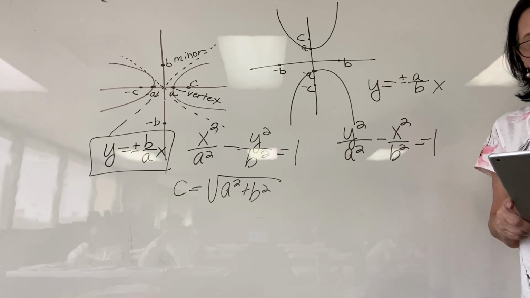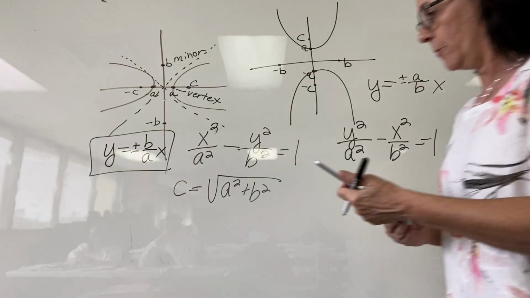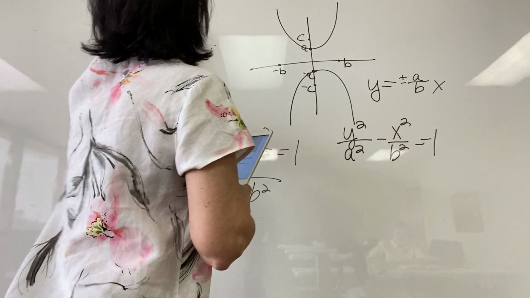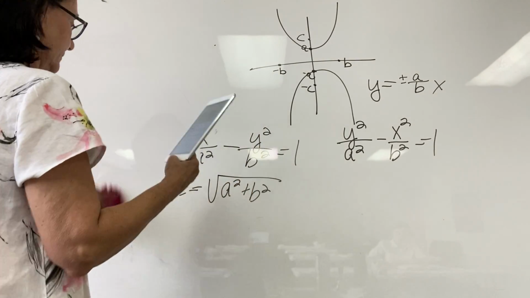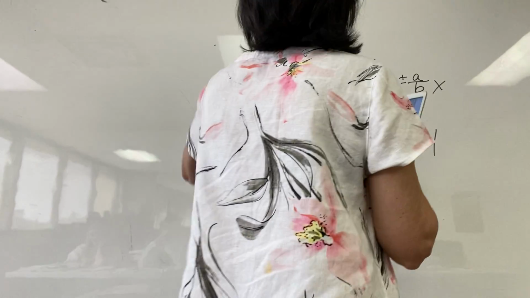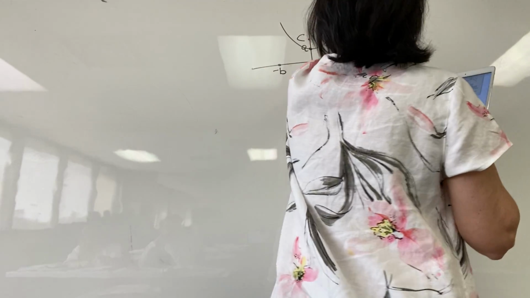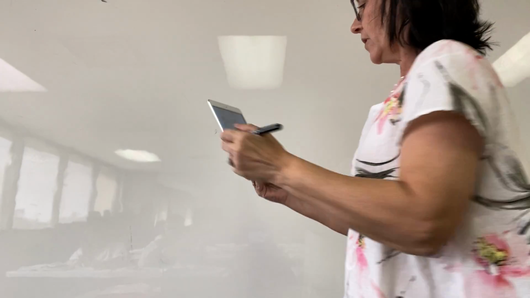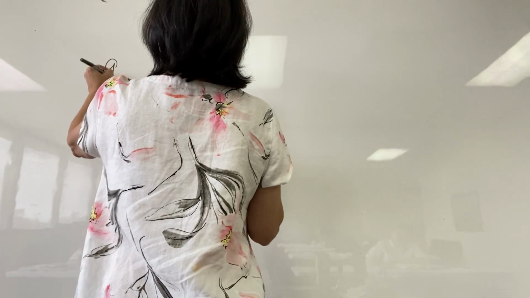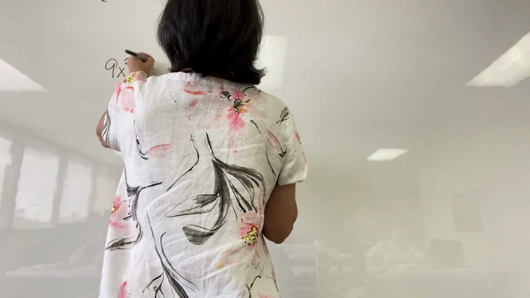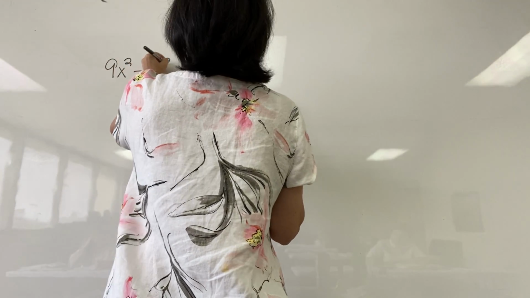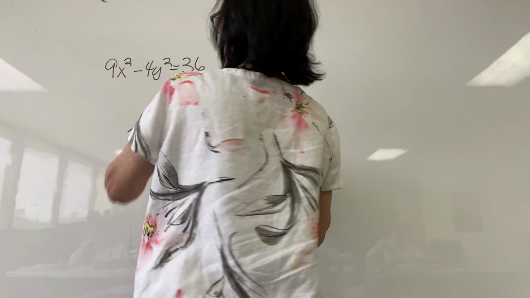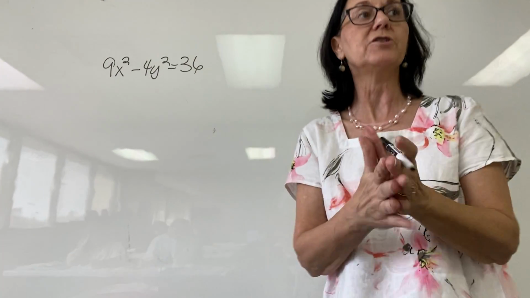Okay. So let's walk through example 1. Show that the graph of the equation 9x squared minus 4y squared equals 36 is a hyperbola. Already I can tell what my major axis is.